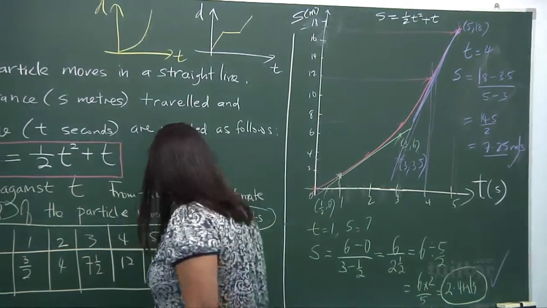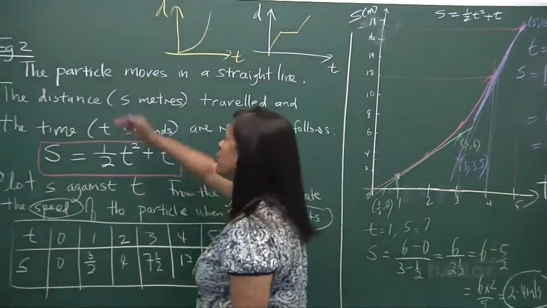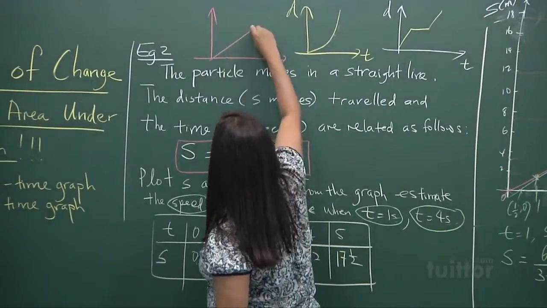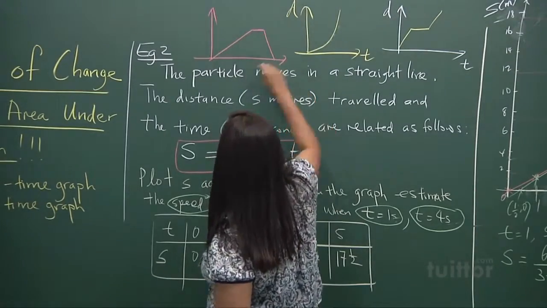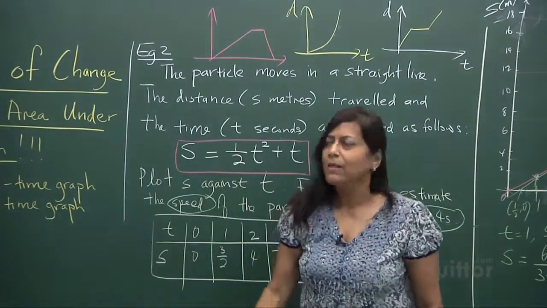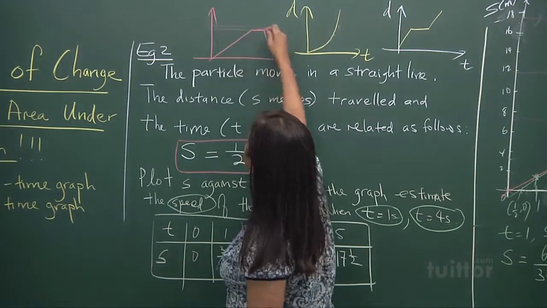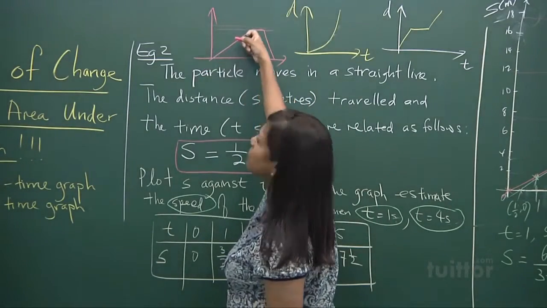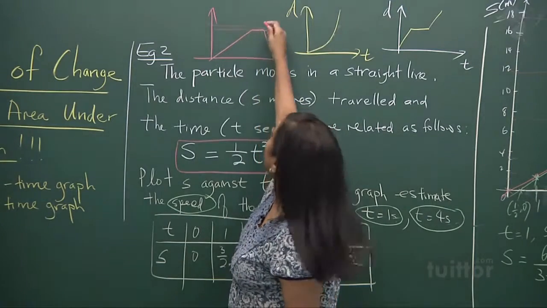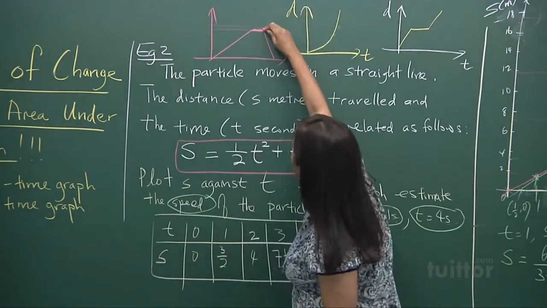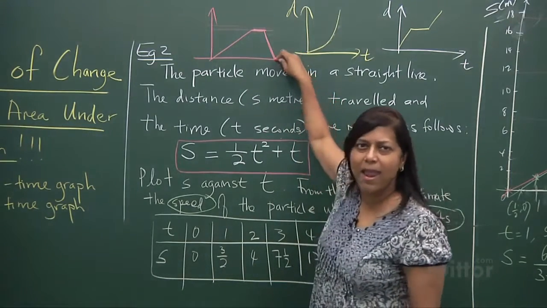Now, if I have a graph like this, I just want to show you again, to reinforce. If I have a graph that goes like this, goes like that, what happened? You are going maybe from your home to your school. You're taking your own sweet time. And then here you rested for some time wherever you went to, and then you came back, boom, you ran.